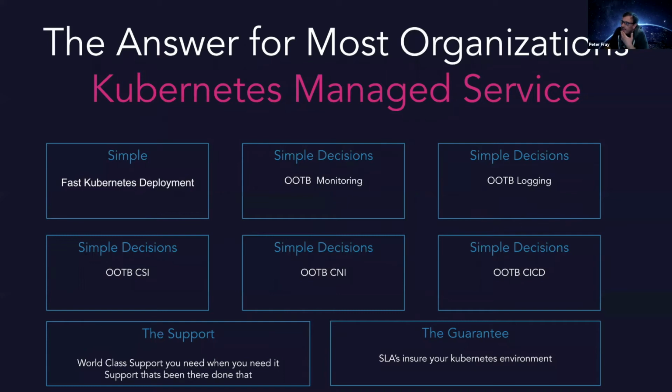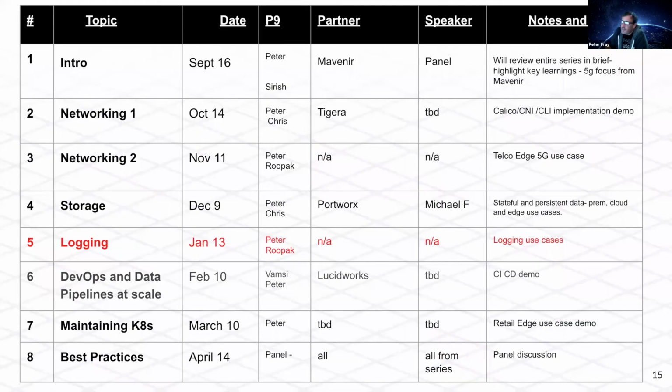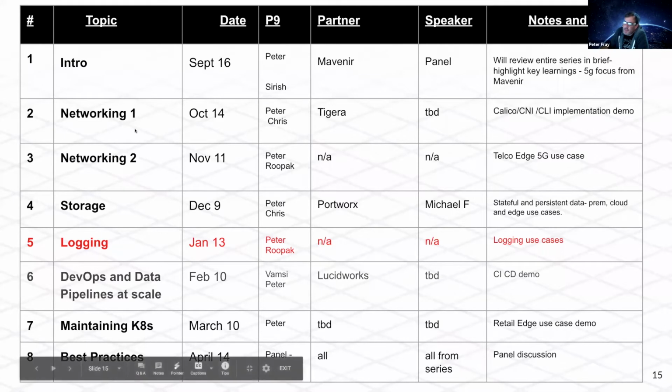And for a lot of our customers, the answer to all of that is a managed service, with simple decisions around Kubernetes deployment, monitoring, logging, CSI, CNI, CI/CD. This is all in the Platform 9 offering, but we'll skip ahead on that and jump into our Fireside talk. But real quick, as I mentioned, we had our intro to the series.